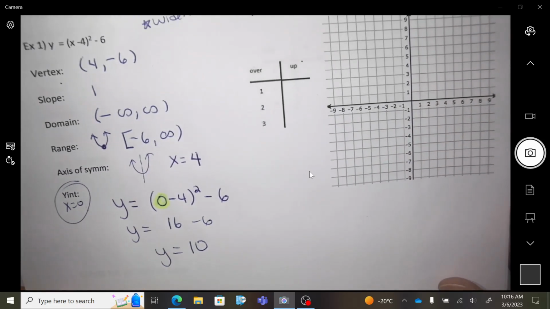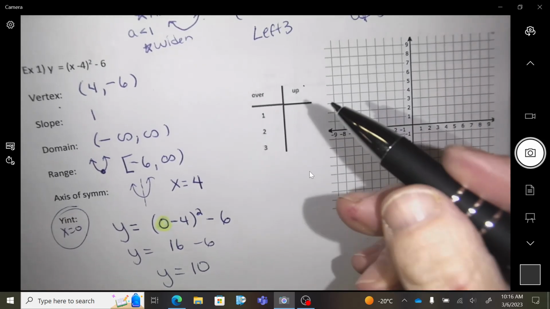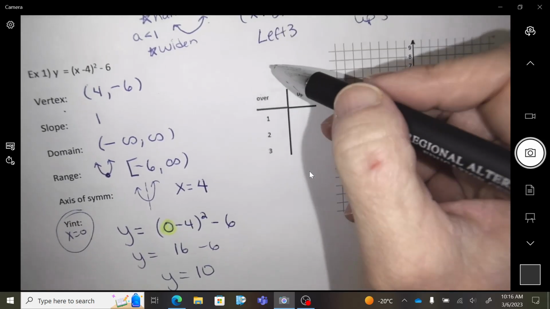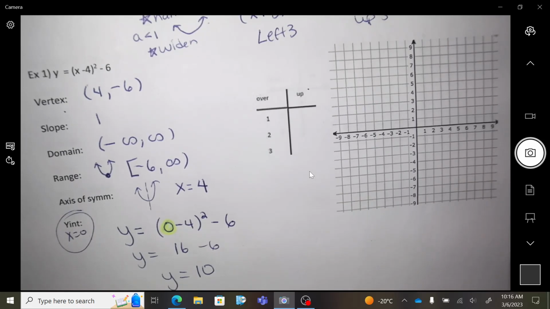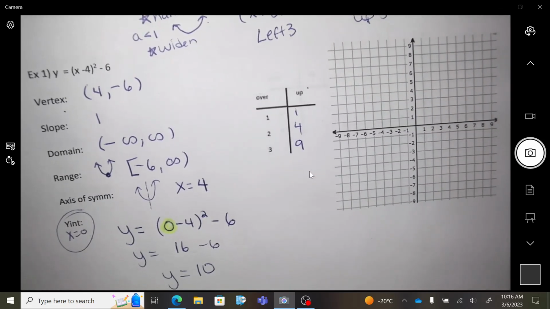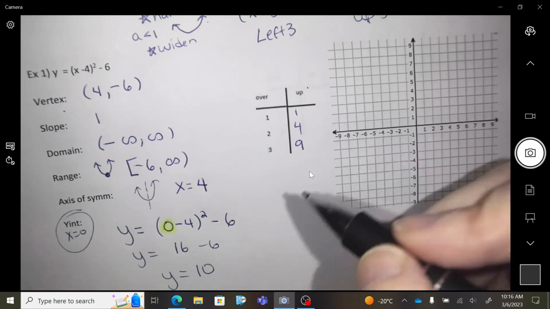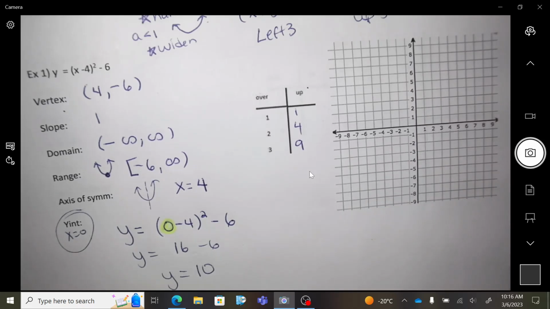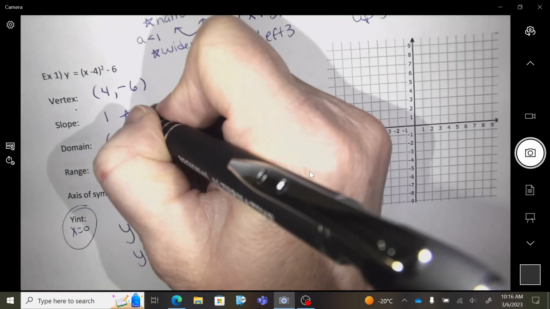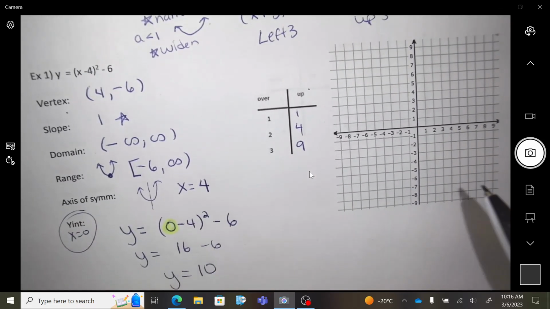Okay, now back to, let's graph. What is my basic over-up chart when I always start no matter what? 1, 1, 2, 4, 3, 9. And do I keep that or do I need to change that on this question? Keep it. Slope is 1, so you don't have to do anything different.